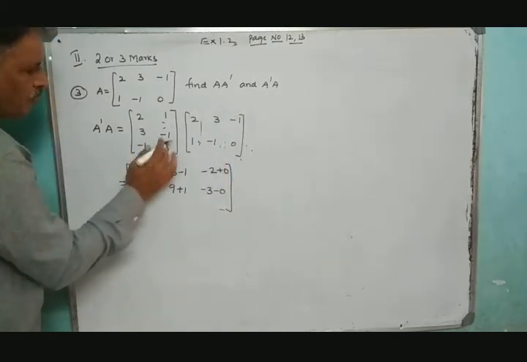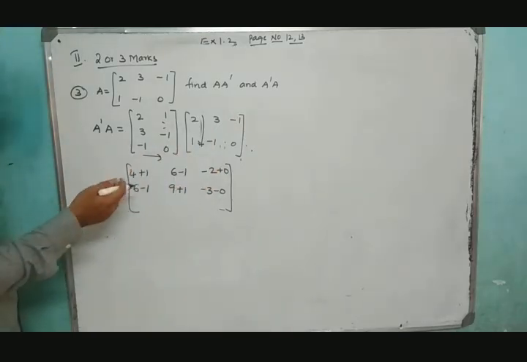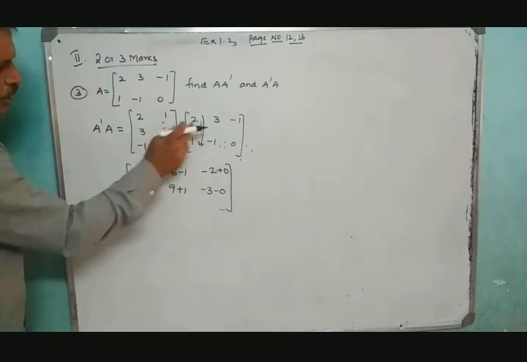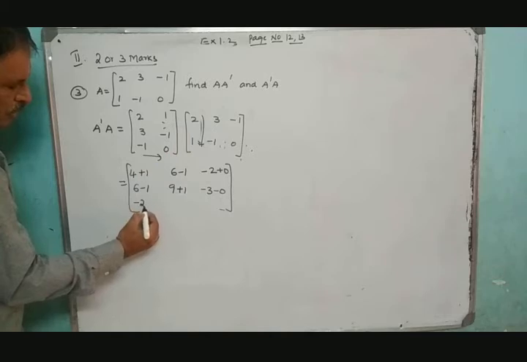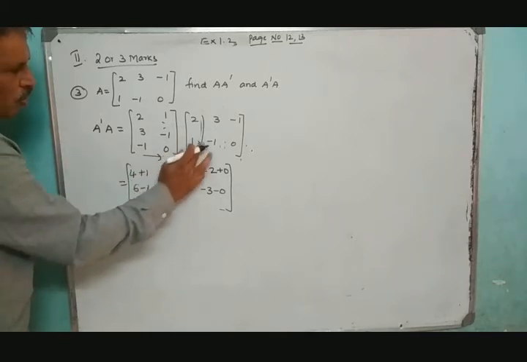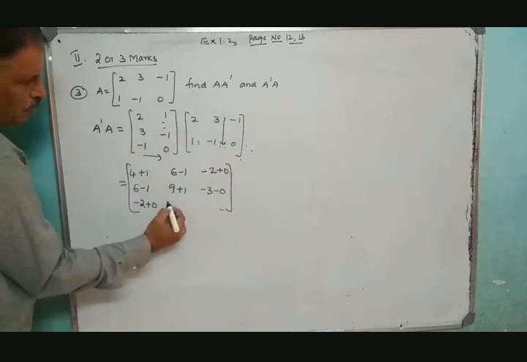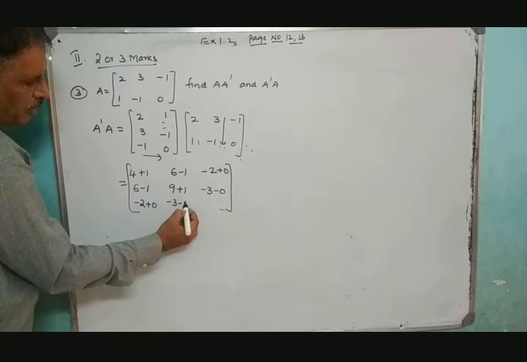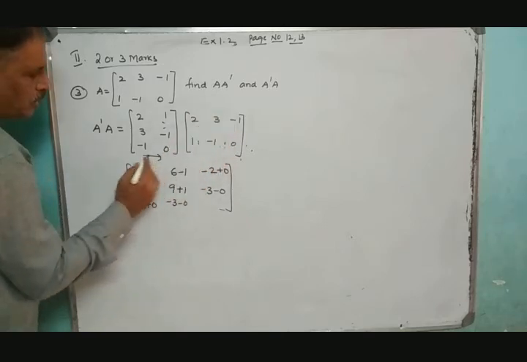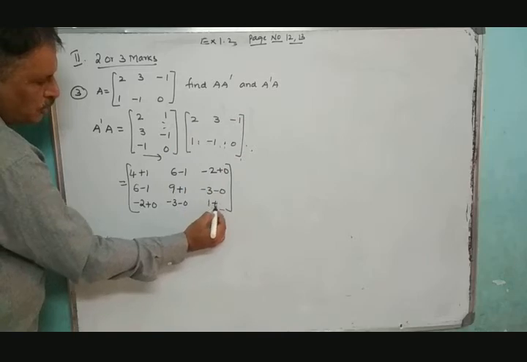Next, third row, first column. I think you are understanding. Third row, first column. Minus 1 into 2, minus 2. Plus 0 into 1 is 0. Next, third row, second column. Minus 1 into 3, minus 3. Minus 0. Next, third row, third column. Minus into minus, plus 1 plus 0.